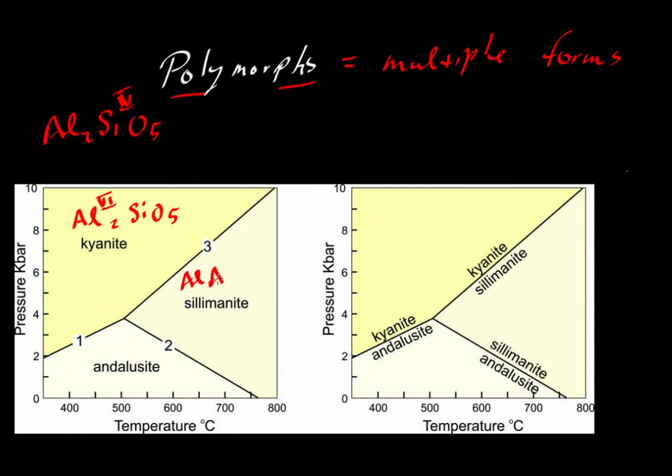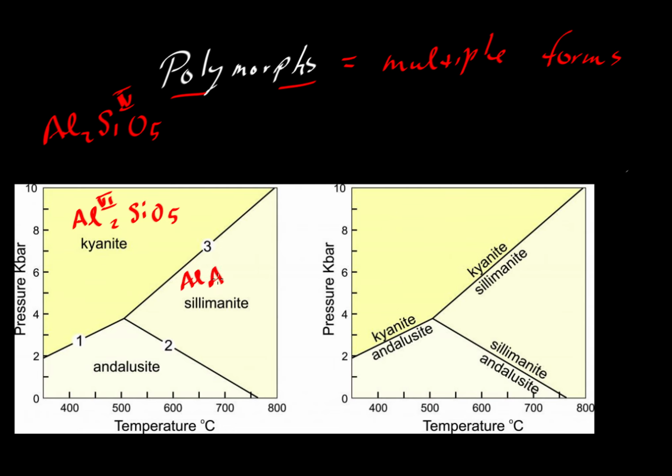So you'll see this in a lot of chemical formulas where an aluminum is written twice. And the reason why is because here it has different coordination numbers. So one aluminum is in six-fold coordination and the other is in four-fold coordination. So we still have Al2SiO5, but writing aluminum twice because those aluminums have different structural sites.